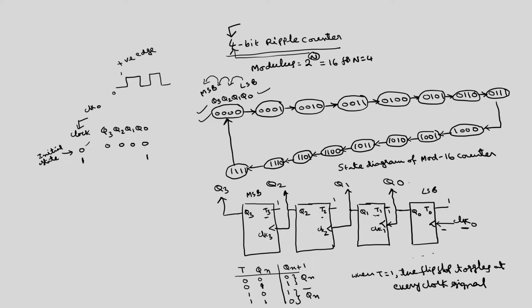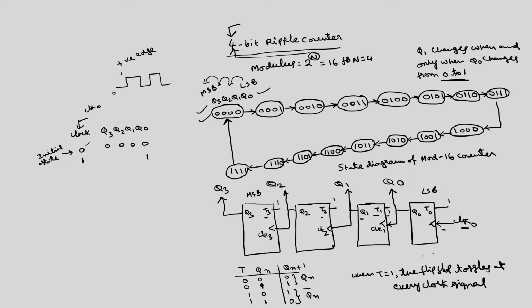In order to change Q1, because T1 is always tied to 1, Q1 changes when and only when Q0 changes from 0 to 1, because it is a positive edge, 0 to 1.